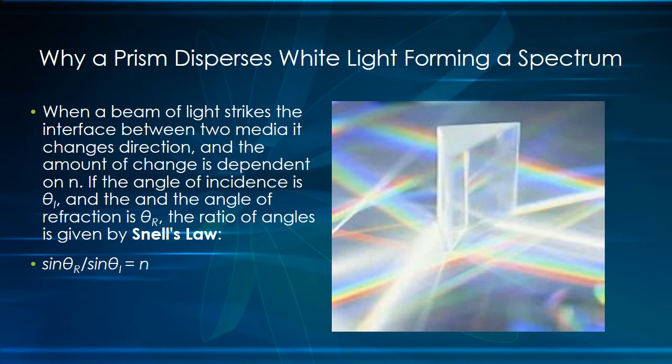If the angle of incidence is i and the angle of refraction is r, the ratio of the angles is given by Snell's law. You are already aware of Snell's law. In Snell's law, n is equal to sin i upon sin r. n is equal to a constant, sin i stands for the incident ray, and r stands for the refracted ray.